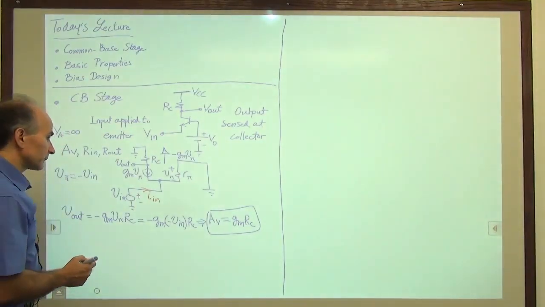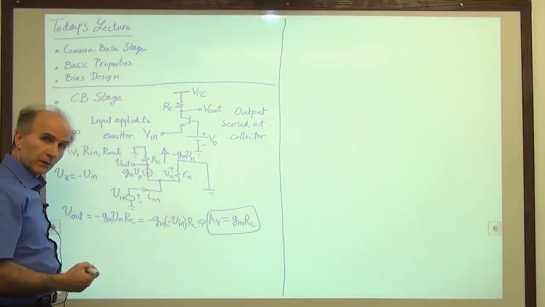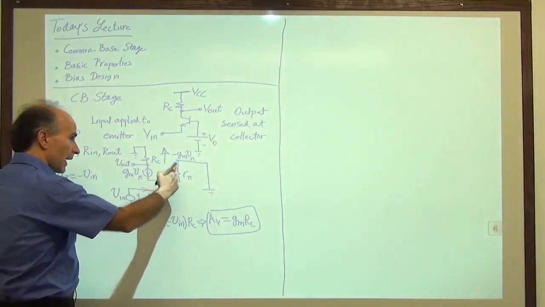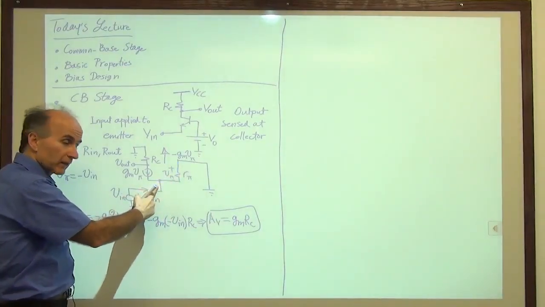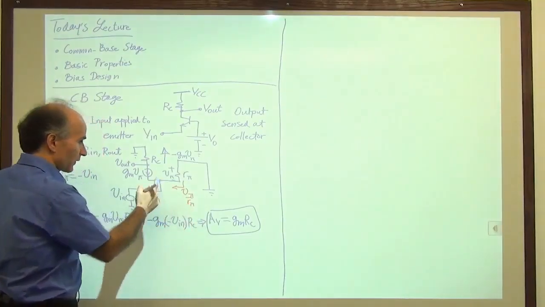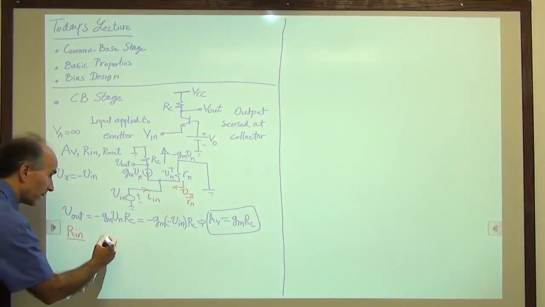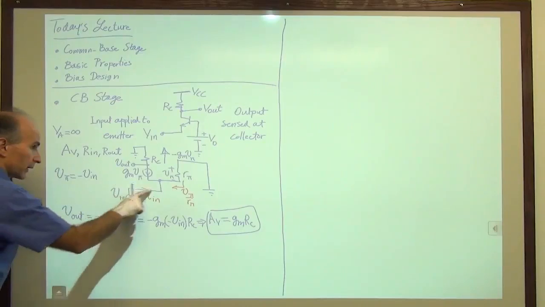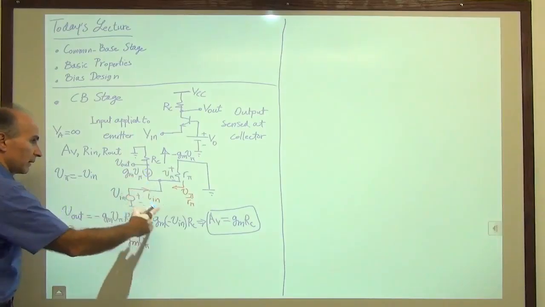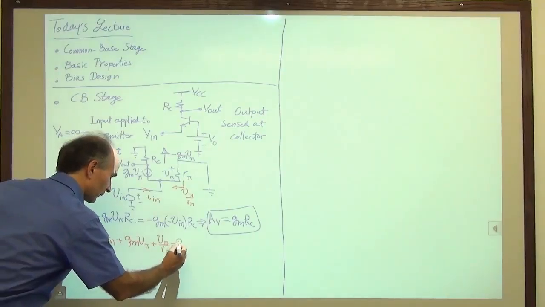Okay, well, I in can be obtained if I write a KCL at this node. So let's do that. At this node, I in is going in, gm V pi is going in, and V pi over r pi is going in. That current is V pi over r pi. So we just write the KCL here. So we're calculating R in now, and we say I in is going in, plus gm V pi, that's also going in, plus V pi over r pi is 0.